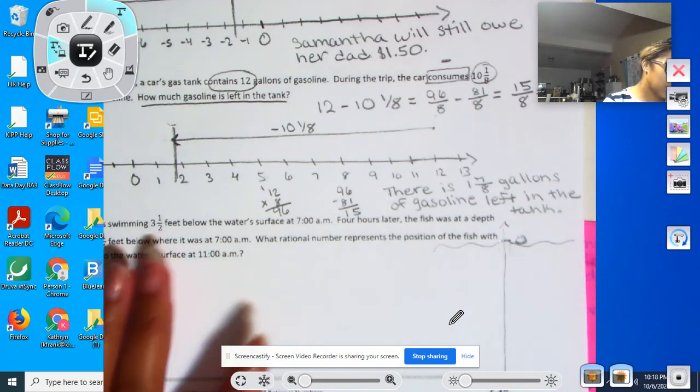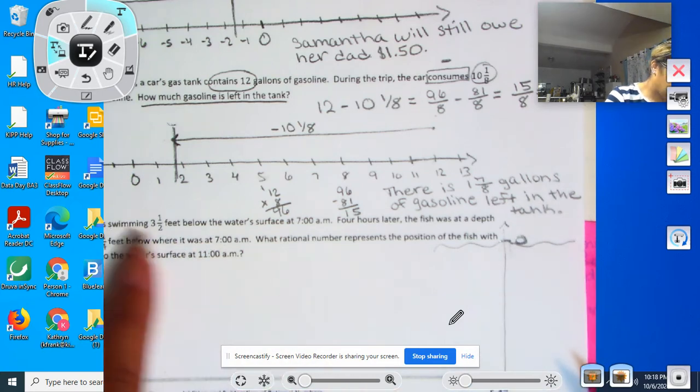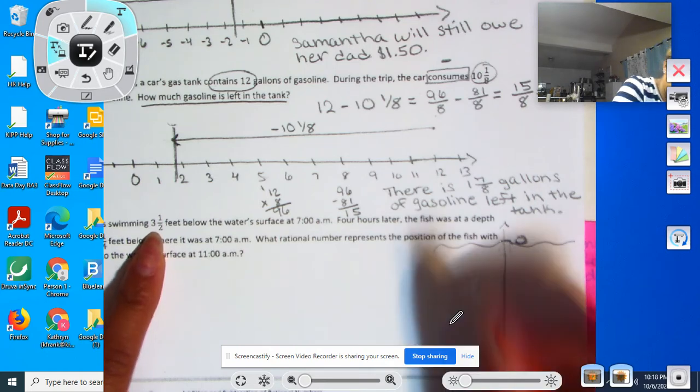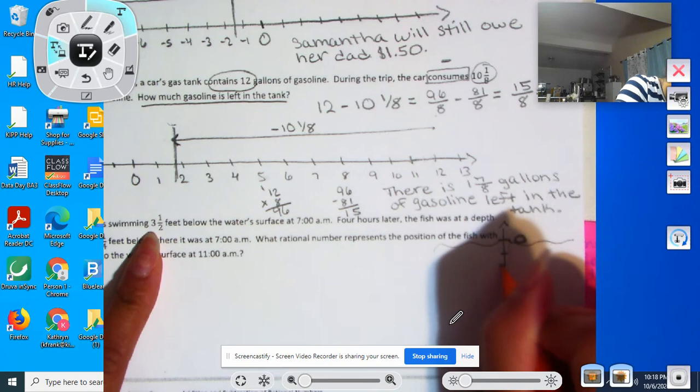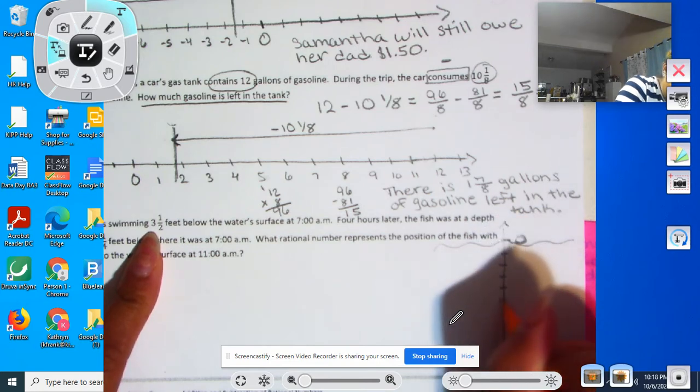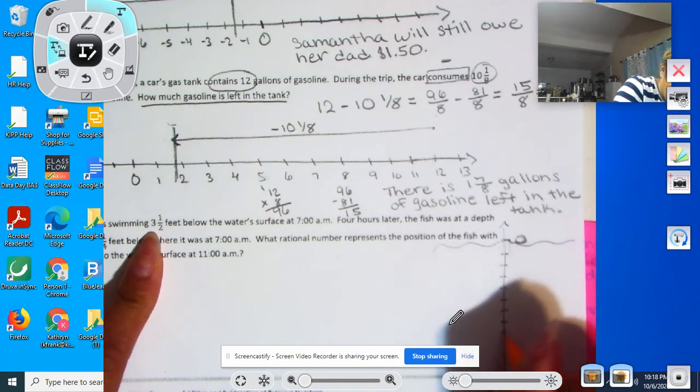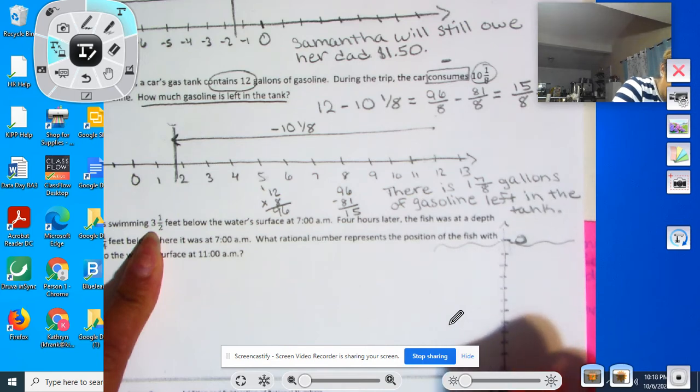Now what they're saying is at 7 a.m., this fish was only at a depth of 3½ feet. So let me start drawing some tick marks here on this number line so we can be able to visualize what they're referring to.